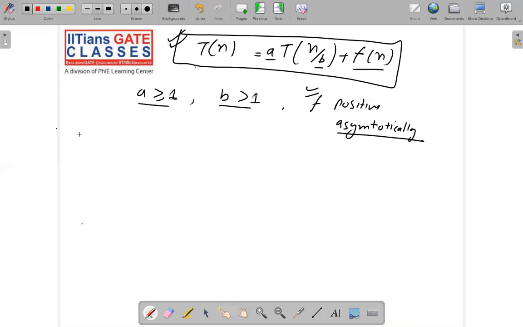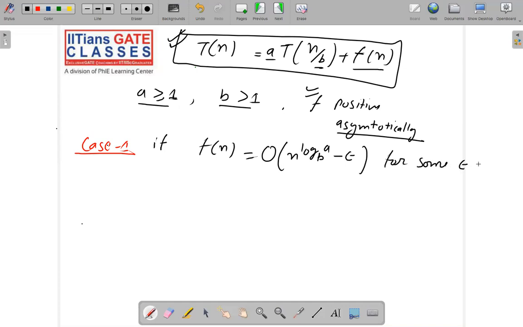Right now there are a few cases here. We have case one, which says that if f(n) is equal to O of n to the power log base b of a minus epsilon, for some epsilon greater than 0, then T(n) is equal to theta of n to the power log base b of a.